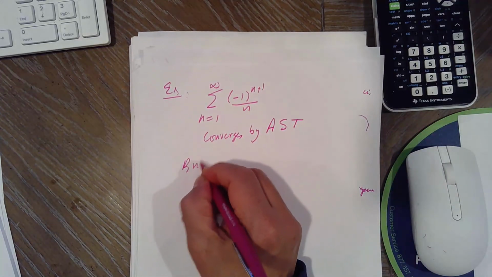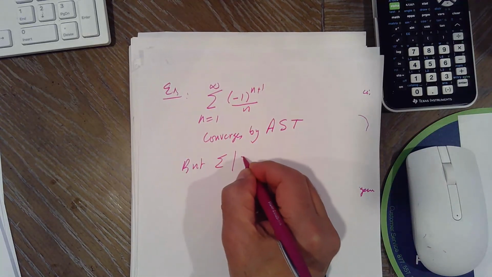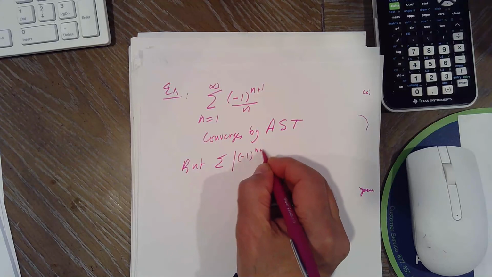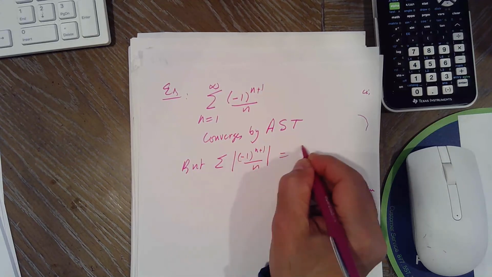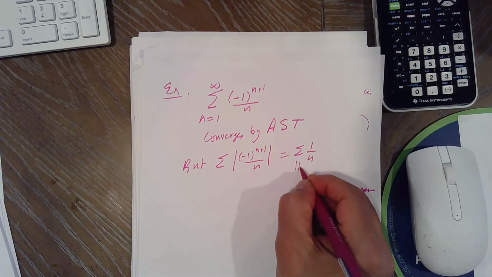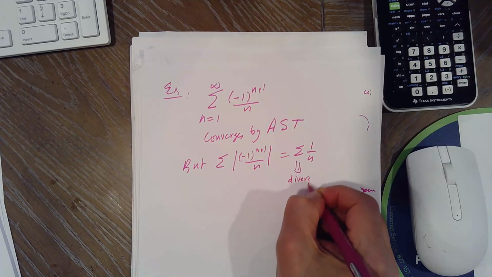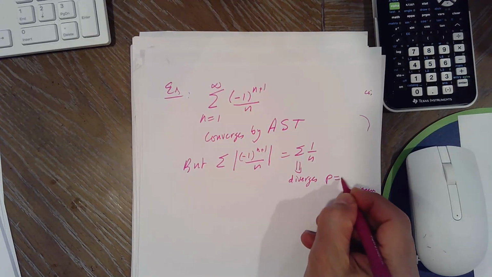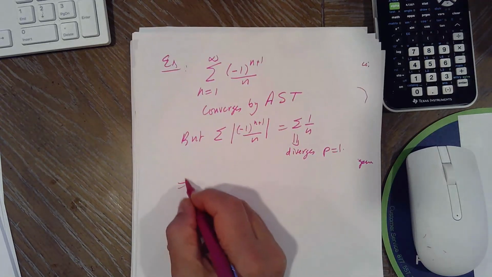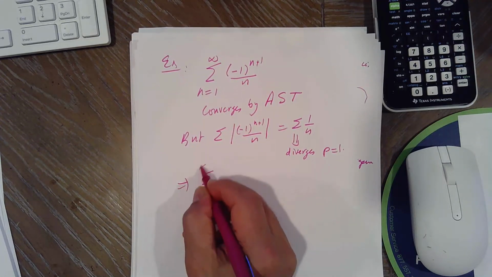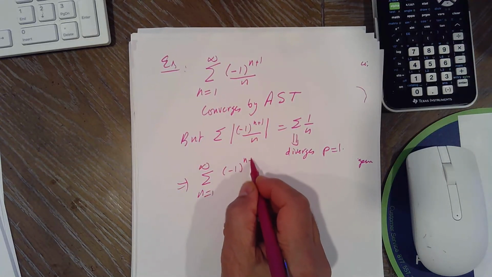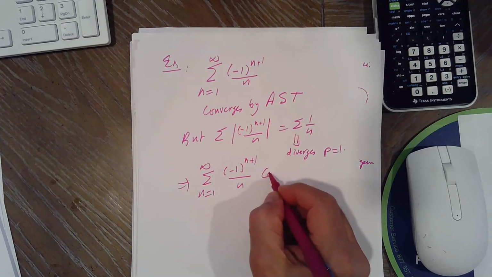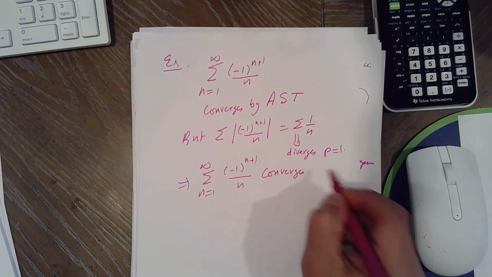But if you do absolute terms, which is sigma 1 over n, it diverges. It's a p series with p equal to 1. So that means sigma n equals 1 to infinity, negative 1 to the n plus 1 over n converges conditionally.